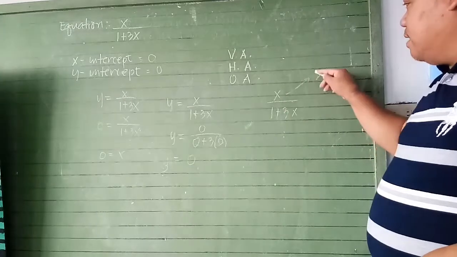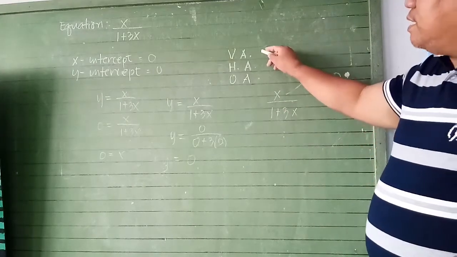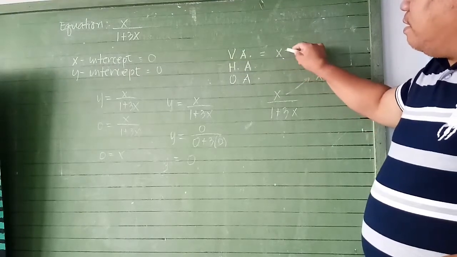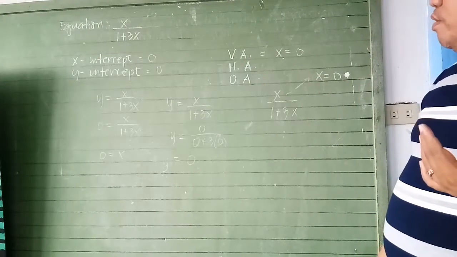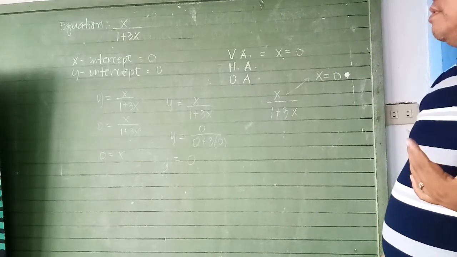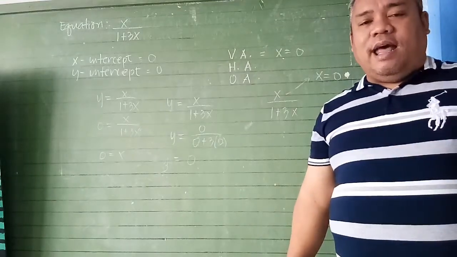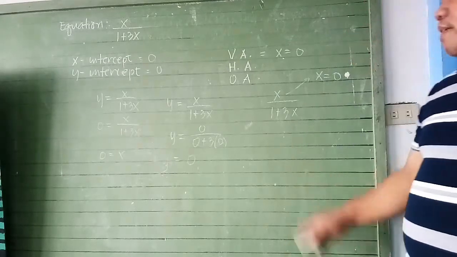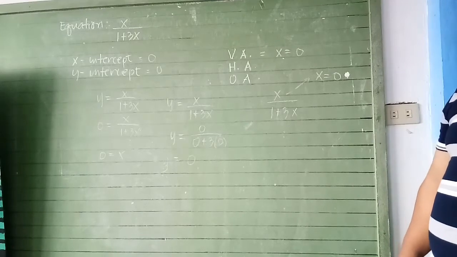So equate x is equal to 0. So your vertical asymptote is x equals 0. That means your graph will not cross the y-axis, because your vertical asymptote is x equals 0.